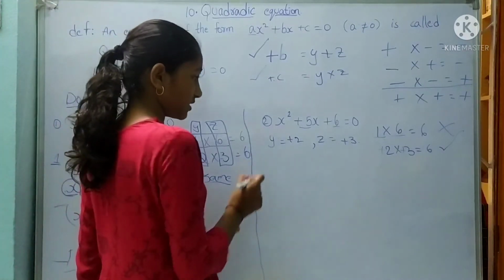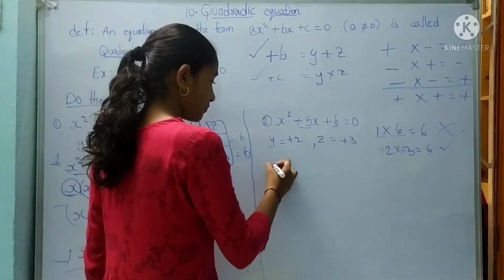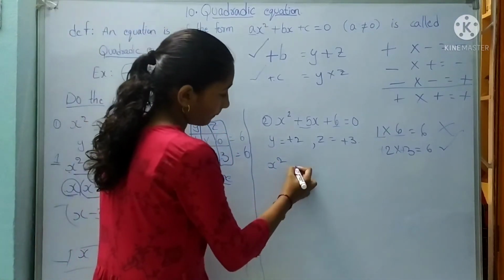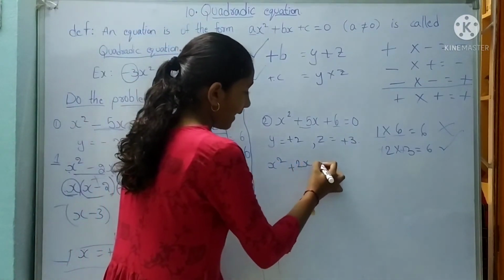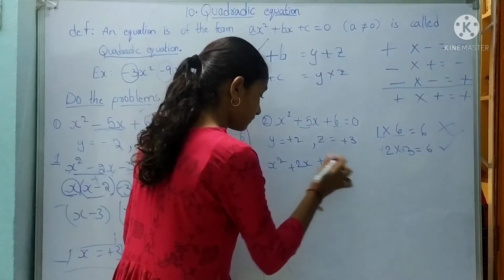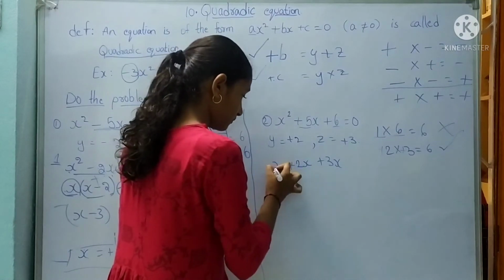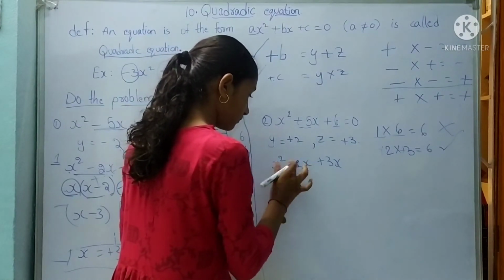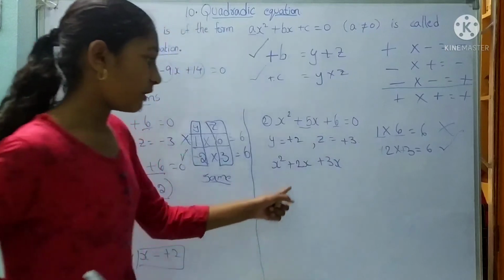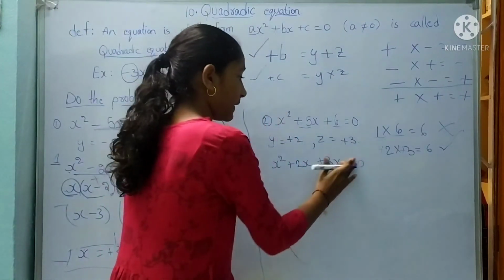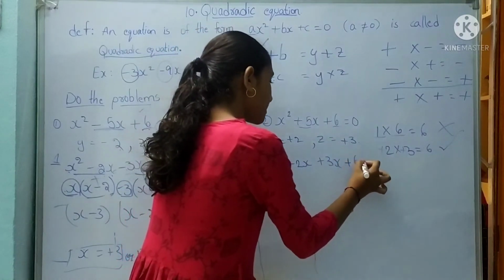Okay, now let's simplify it. So here I am splitting the 5x. So x square plus 2x and plus 3x, so x square plus 2x plus 3x plus 6 is equal to 0.